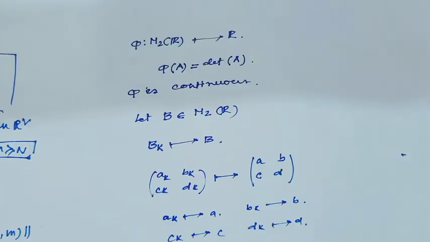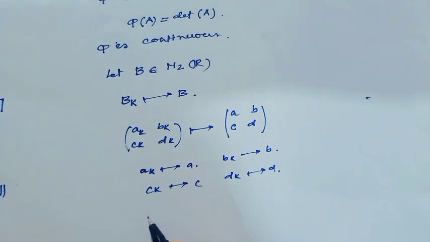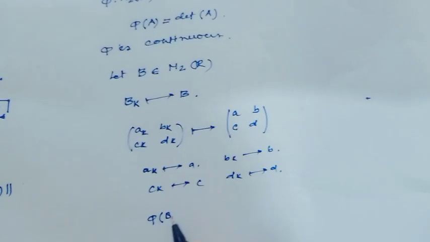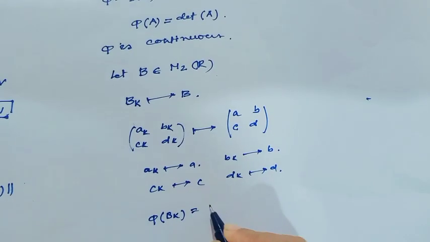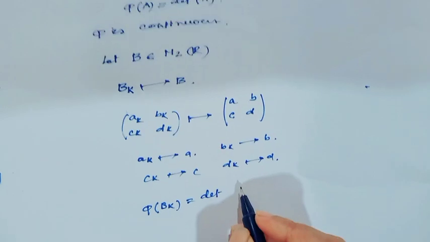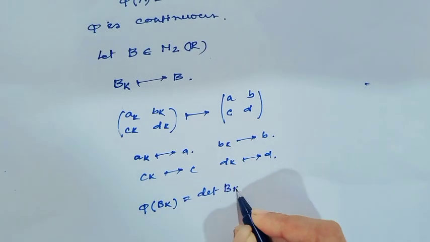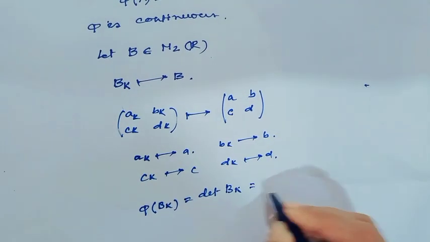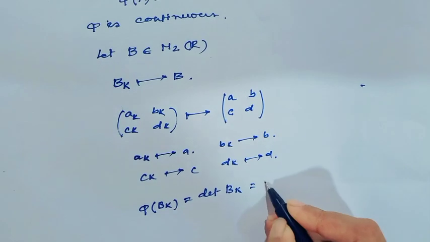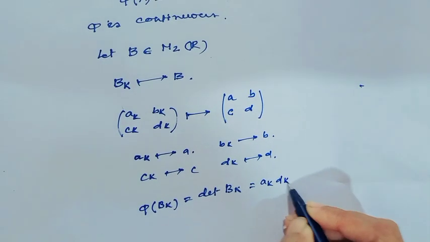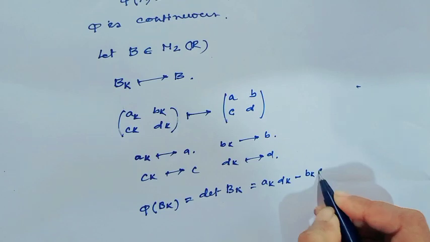For this, obviously, phi of Bk is determinant of Bk, and determinant of Bk is actually ak dk minus bk ck.